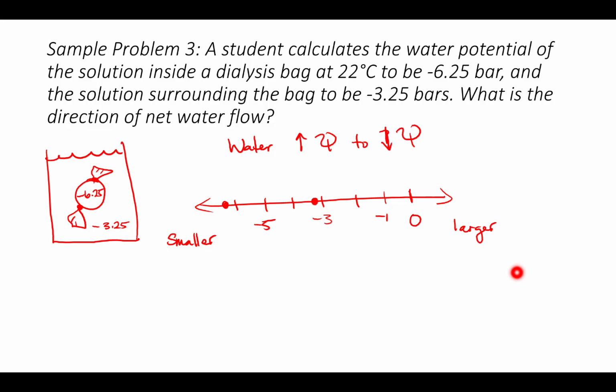So technically, for negative numbers, the lower absolute value, like 3.25, is actually the larger number. So the higher number is negative 3.25, which is where water is going to start. The lower number is negative 6.25, which is where water is going to end up. So water is going to move into the bag. And that's your answer. Water moves into the bag.